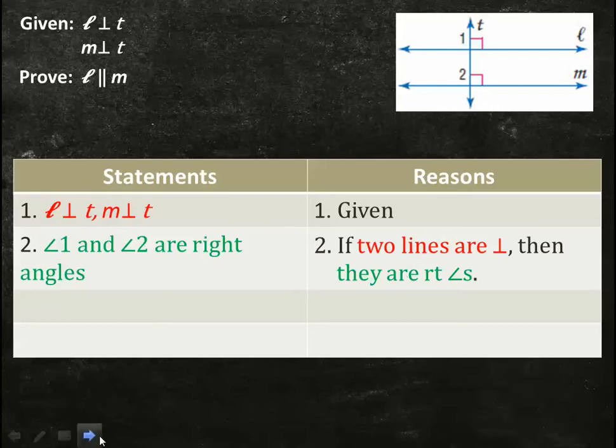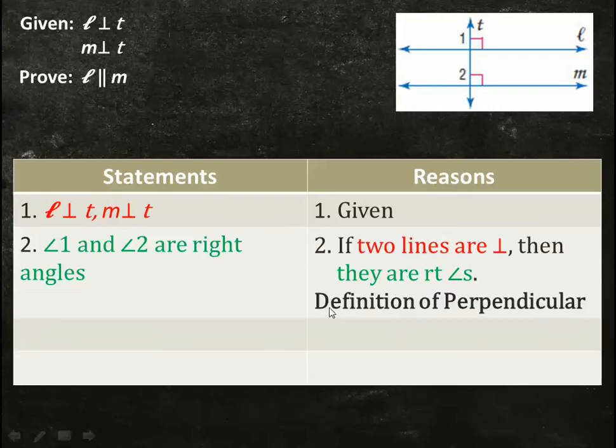After you do some looking, you find that the definition of perpendicular is what's going to fit this the best, because when two lines intersect and form perpendicular lines, they also form right angles. And that's the best we could do there.